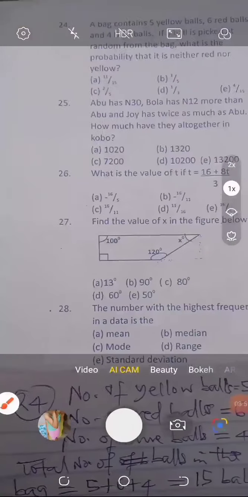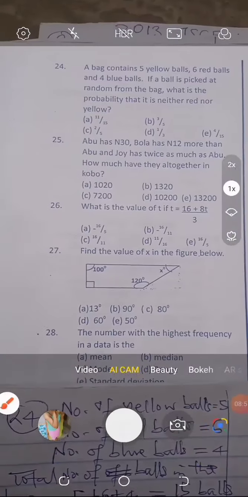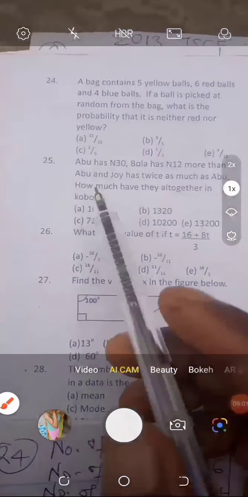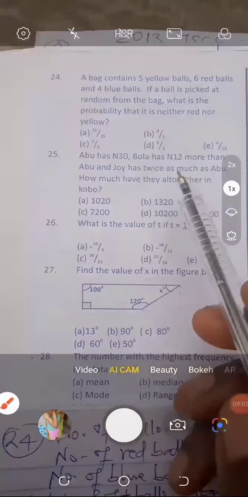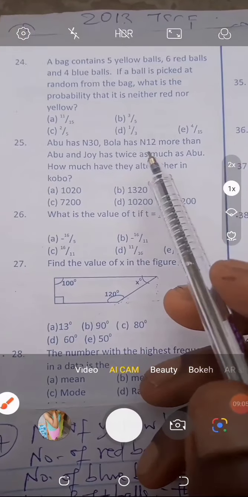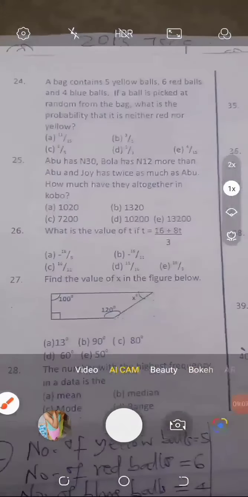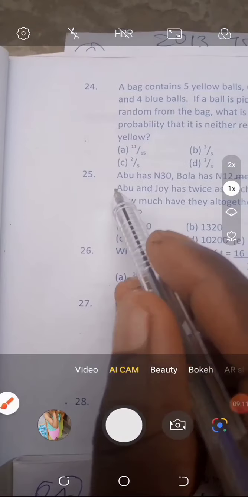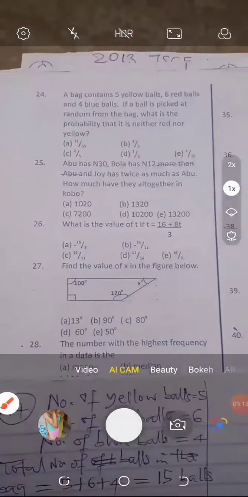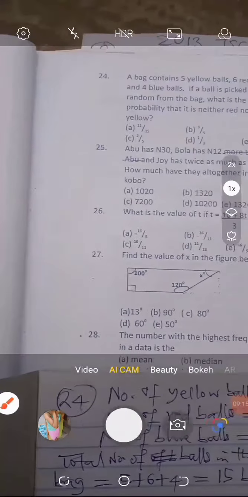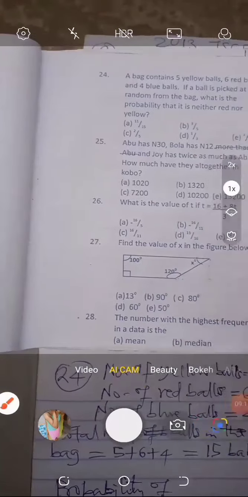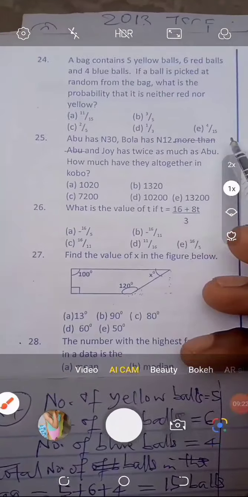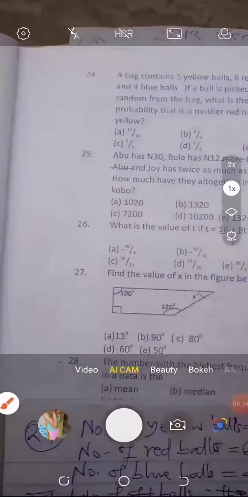If we had said that Abu has 30 naira, Bola has 12 naira, that would have been better. So this "more than Abu" will not be there, because if we solve it without "more than Abu", then of course we'll be having this answer we are having. So I'm going to cross out "more than Abu" from that question.